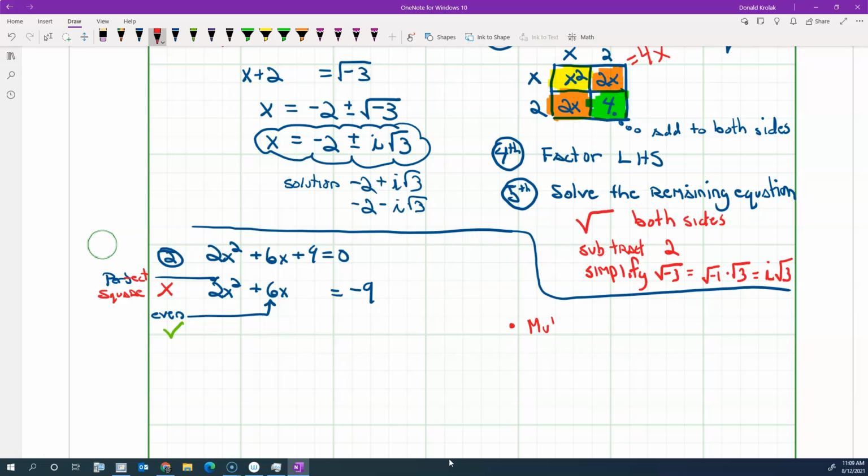I am going to multiply all the terms by 2. And so everything gets multiplied by 2.